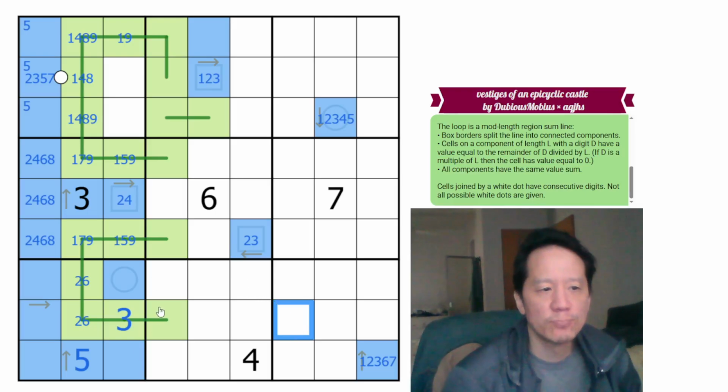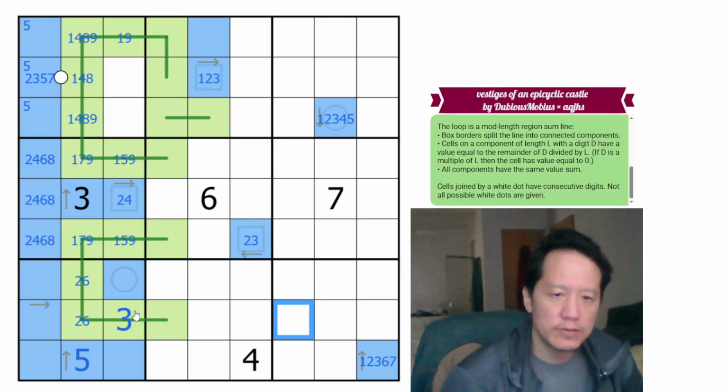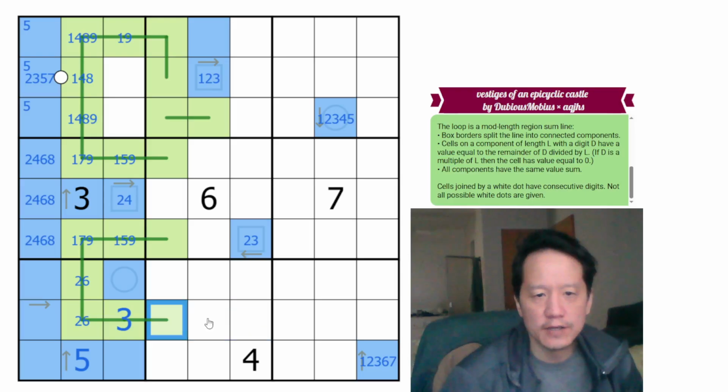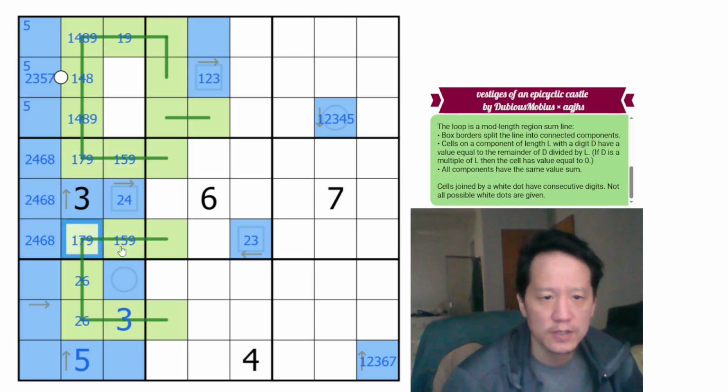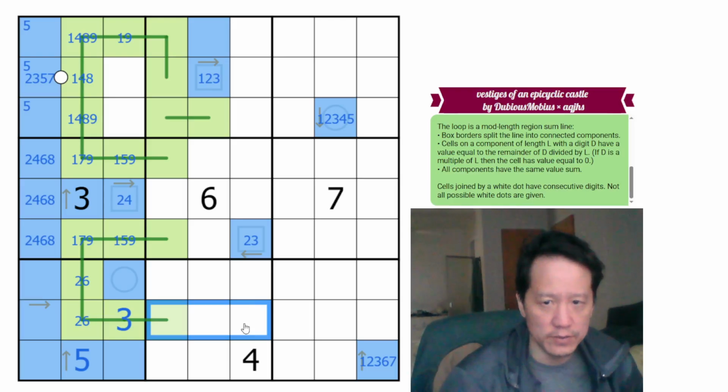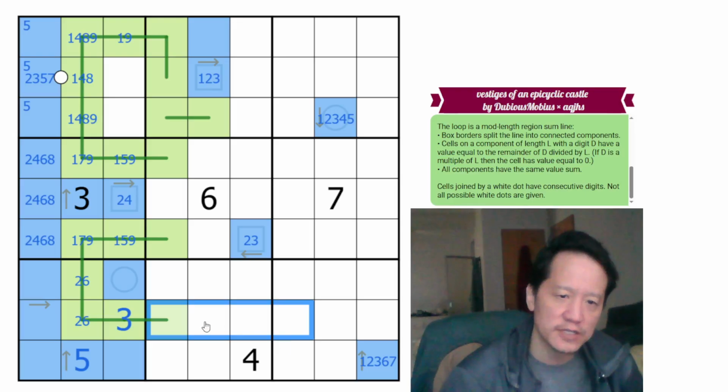Okay. This cannot be size 4. Obviously, again, no segment can be size 5 because these segments are essentially 2 in length. So therefore, this cannot be 4, because well, I guess it could contain that 4.